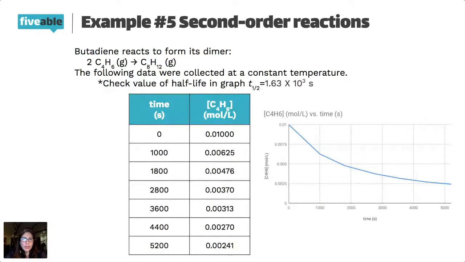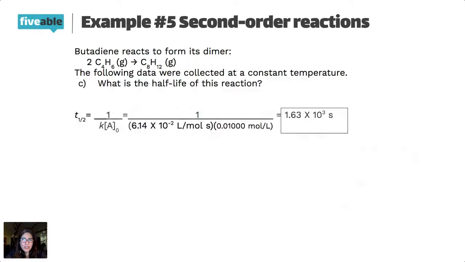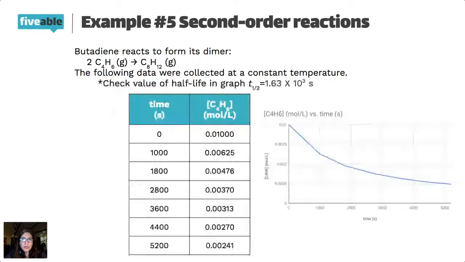And then, of course, remember, a very good idea is to check your work. So you can go to the original graph and check your work: 0.01, half of it will be 0.005.